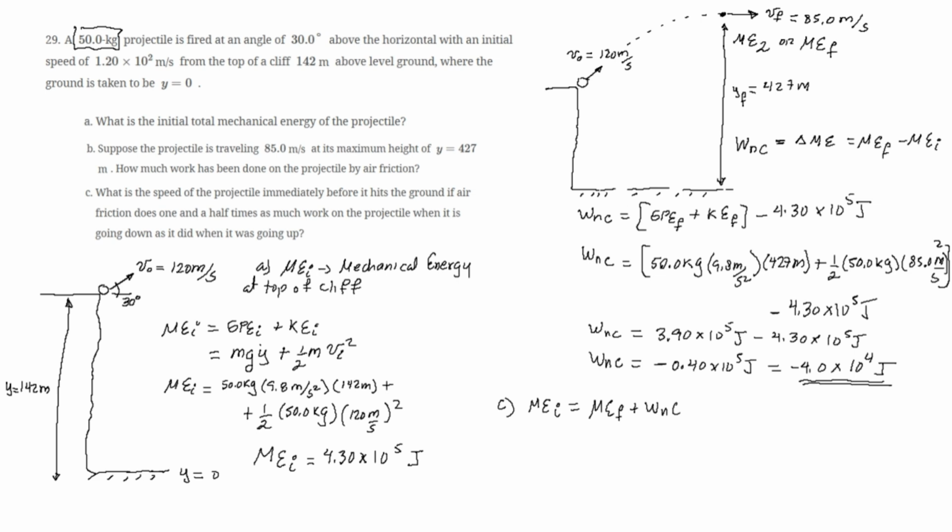Now, if the work when it's going down is 1.5 times as much as when it was going up, we can say this is the mechanical energy final plus 1.5 the work of the non-conservative force that we calculated.